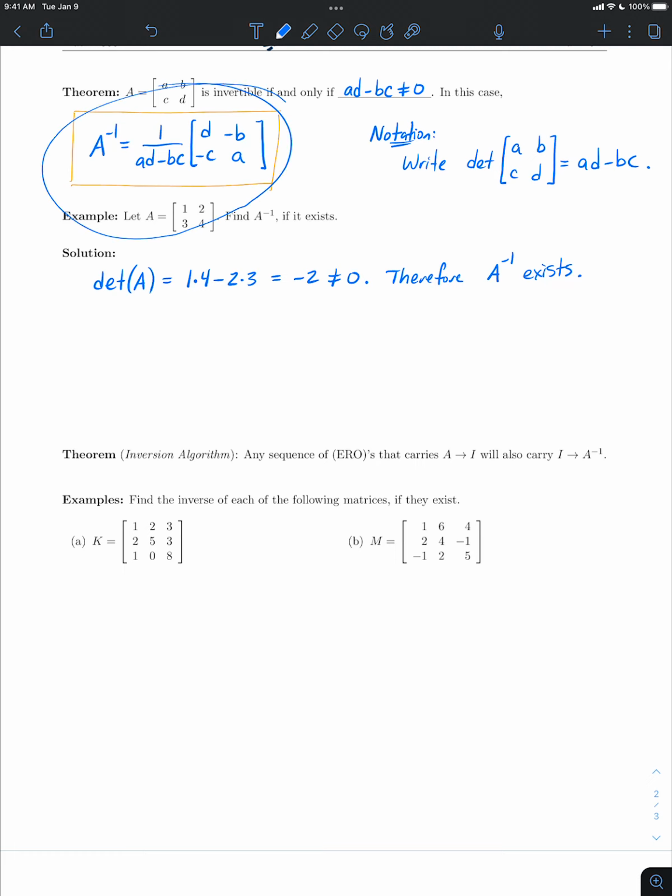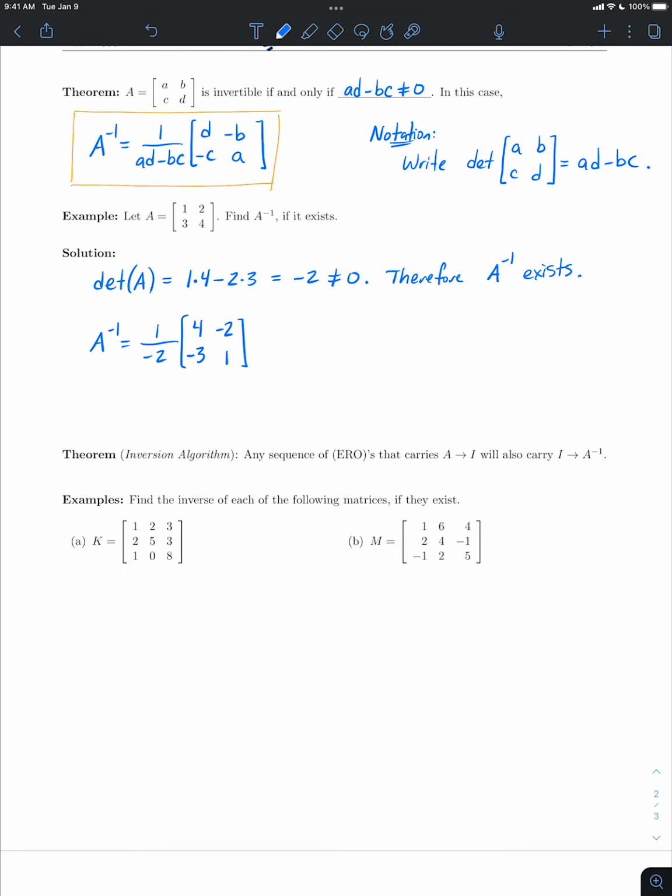Well, now we'll use this formula. A inverse is going to be 1 over ad minus bc. That's what we just worked out here, exactly what the determinant is. So let's just put a negative 2 here. And then everything else we can follow the formula for. You swap the entries on the main diagonal, they swap positions, and the other two entries get their signs flipped.